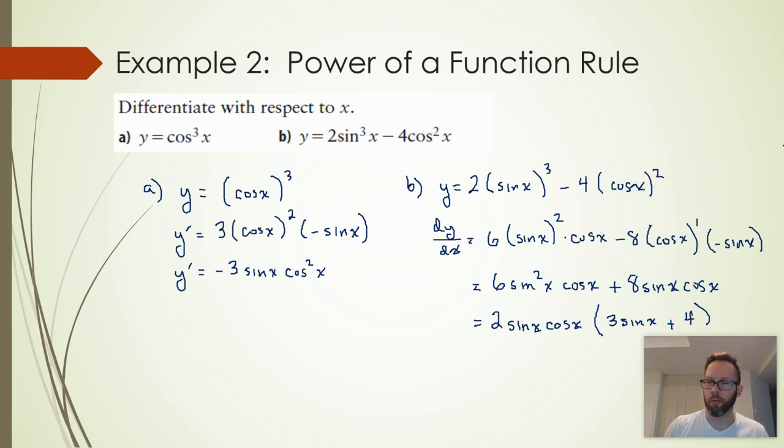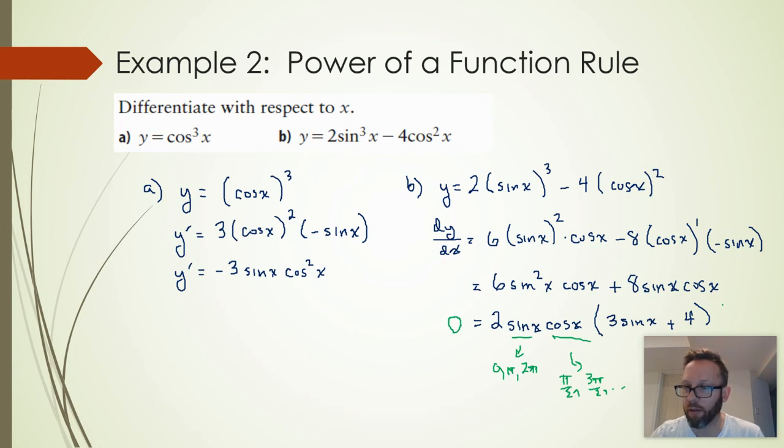The reason why that can be helpful is if, hypothetically, we were interested in setting that derivative to 0 and solving, well, now it's a lot easier. We can see, well, what makes sine x equal to 0? That's things like 0, pi, 2 pi, etc. Things that make cosine 0: pi over 2, 3 pi over 2, etc. The inner bracket's not that hard to solve either.